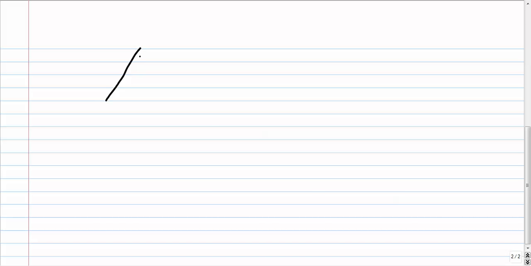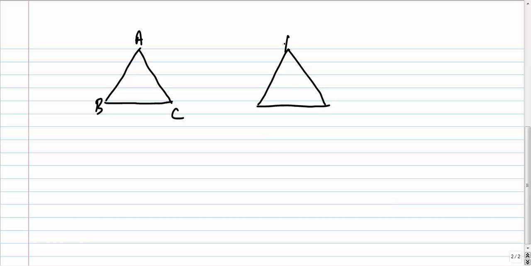Let's take two triangles, A, B, C and another triangle P, Q, R. Let's say these two triangles are congruent. Now the given is that these two triangles are congruent. Let me call this angle 1.